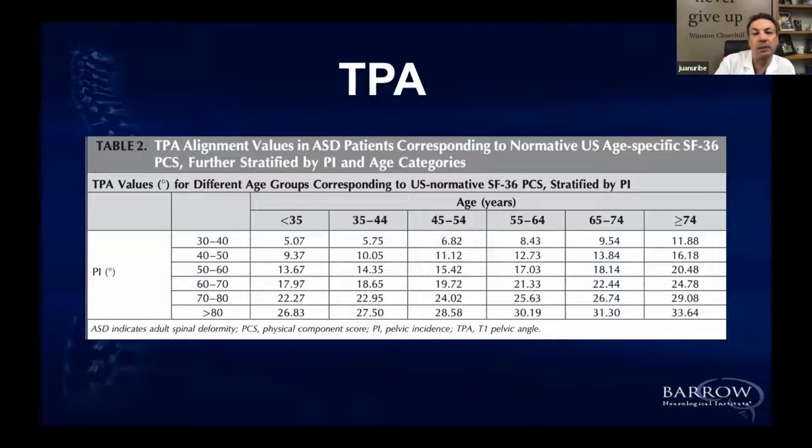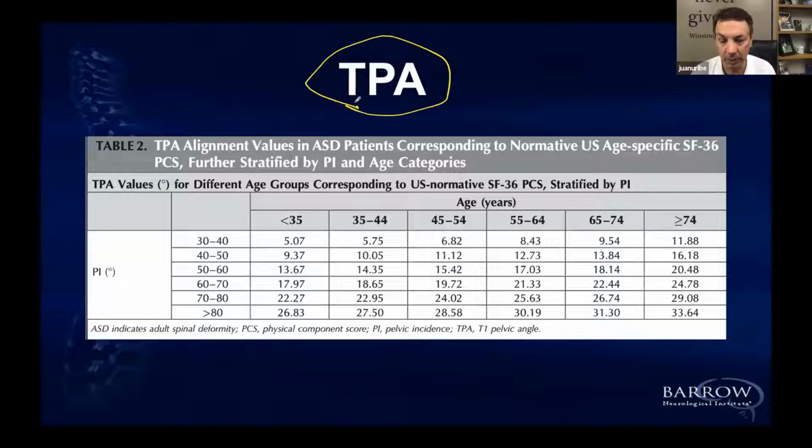The other thing is this one, which is very interesting. The TPA is becoming a hot topic lately, because you can match the pelvic incidence to the age of the patient, which helps a lot. But the message is, don't forget also, you cannot get too crazy, because sometimes everybody becomes crazy, and every time you have a patient with a little mismatch, like a single level spondy, they end up doing an ACR or a PSO or something like that.